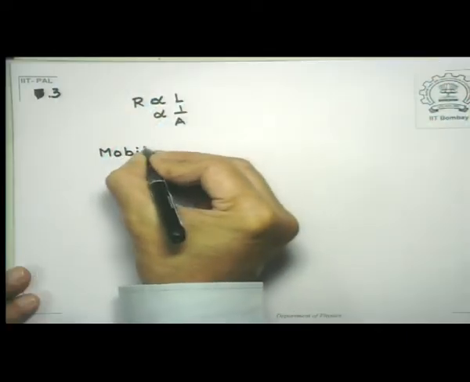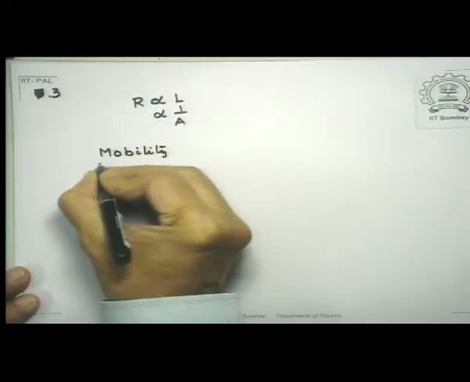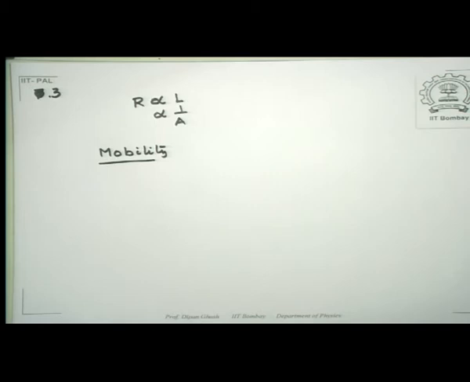So let me define a new term which is called mobility. Dictionary wise, when I say that something is mobile, mobility is ability to move. But of course, in physics, we have to be a lot more precise. It's not just ability to move, but that's where the name comes from.